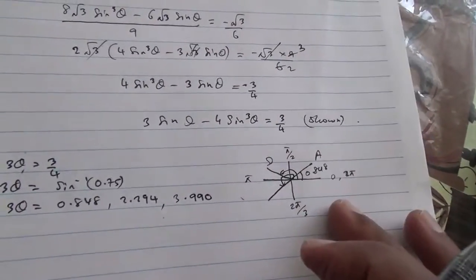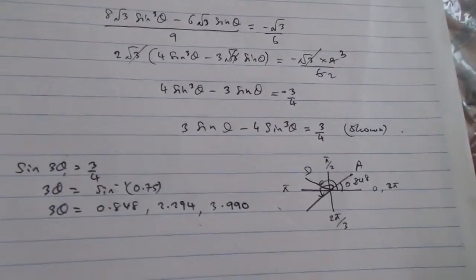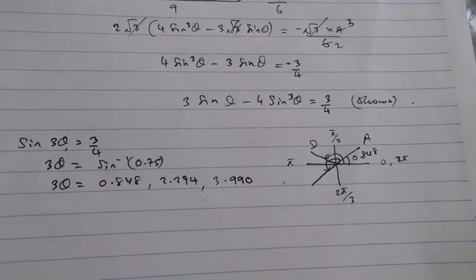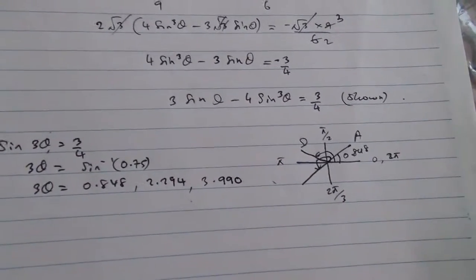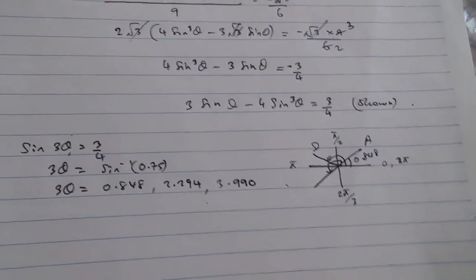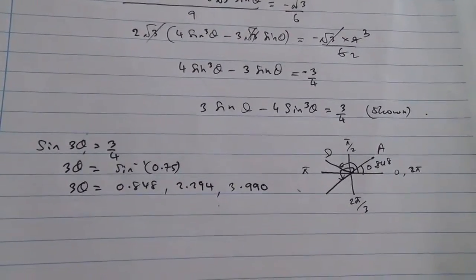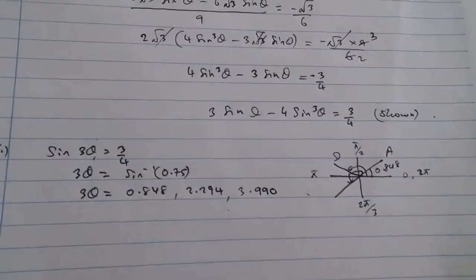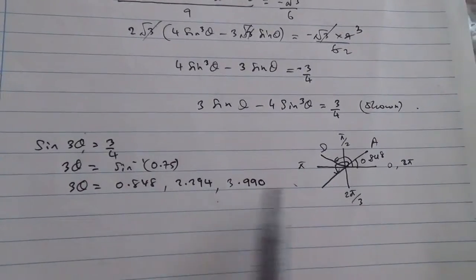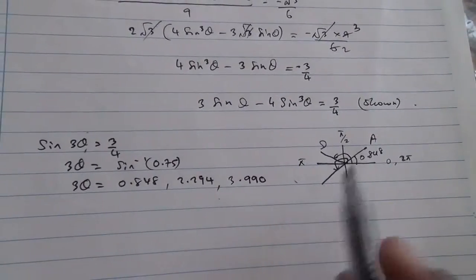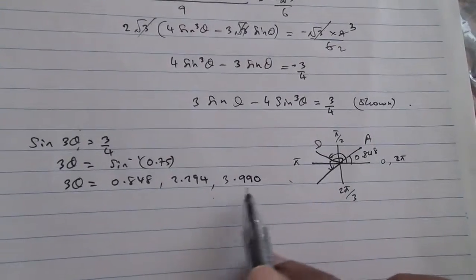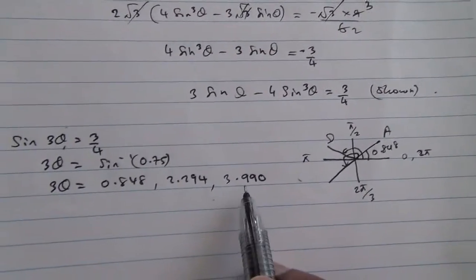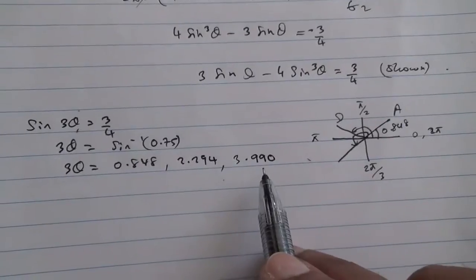I'm not too sure if this is okay, I hope I'm doing it all right. Okay, anyway, so we work with a positive value, but we're going to put the answer as negative.